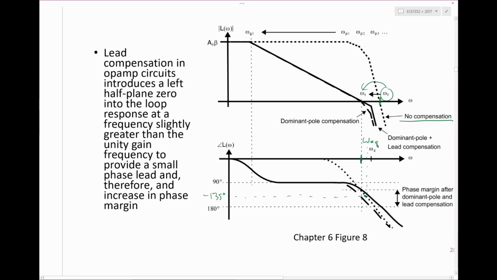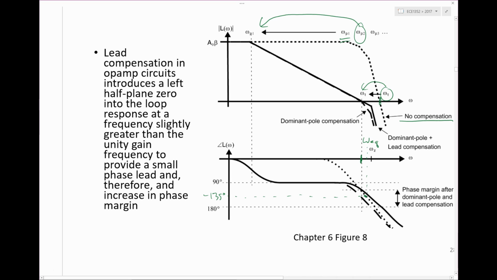So how do I do that? I do that by messing with omega P1. That's already the lowest frequency pole. Oh, sorry, I should take that back. We would not want to take omega P2 and move it back here, because now we would have a new second pole that's even lower than the first one.